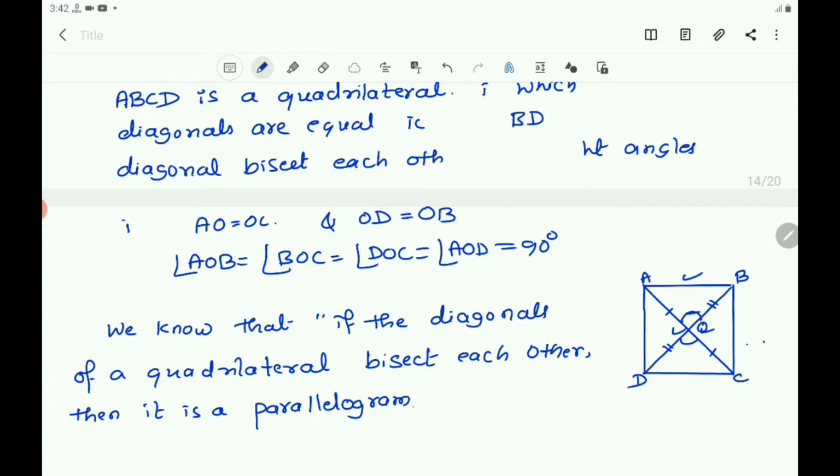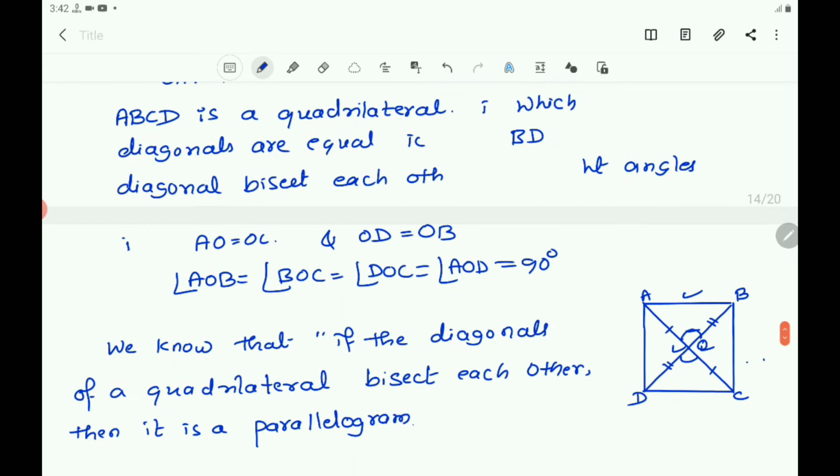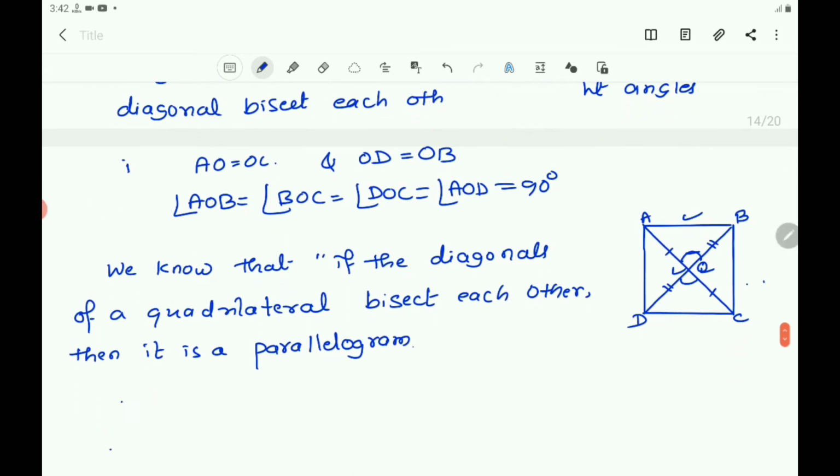So you can say that quadrilateral ABCD is a parallelogram.